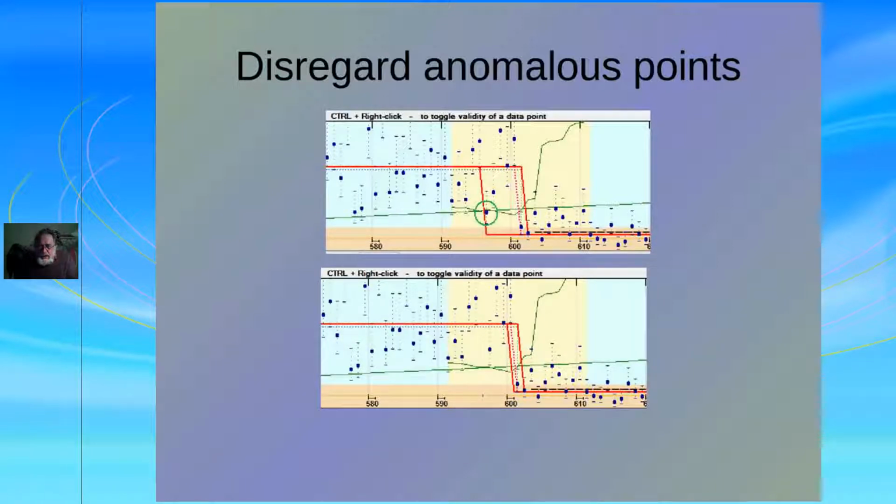There's an option available to say, well, let's treat that point as being an invalid point and see what happens. Interesting on this plot, if you treat that as an invalid or erroneous data point, the solution goes from that very large uncertainty to a very narrow zone of uncertainty. That's a tool which has to be used with extreme care, but it's there. Next slide.